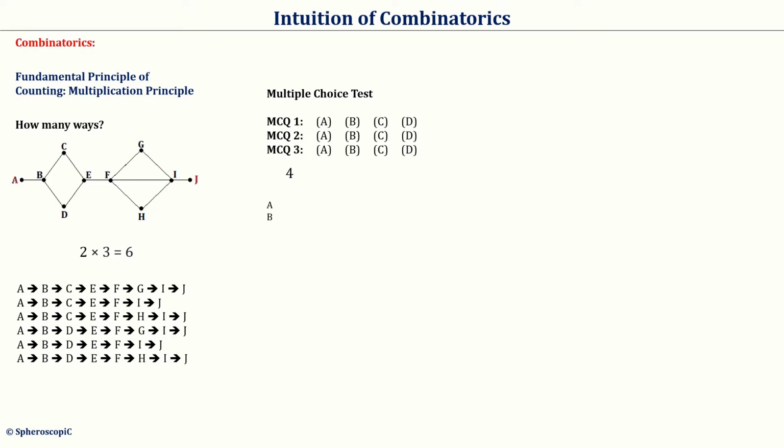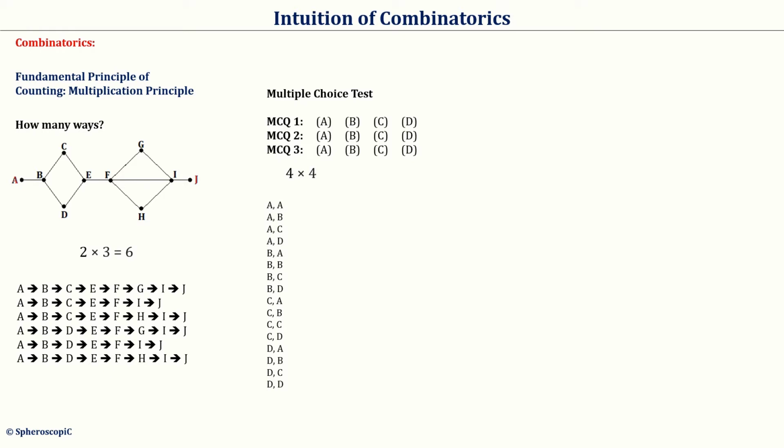It can be A, B, C or D. These MCQs are independent of each other. Previous selection of MCQ option does not influence the later selection of MCQ option. Hence, for each of these possible selected options in MCQ 1, test taker can select one of the 4 options in MCQ 2 in 4 ways.